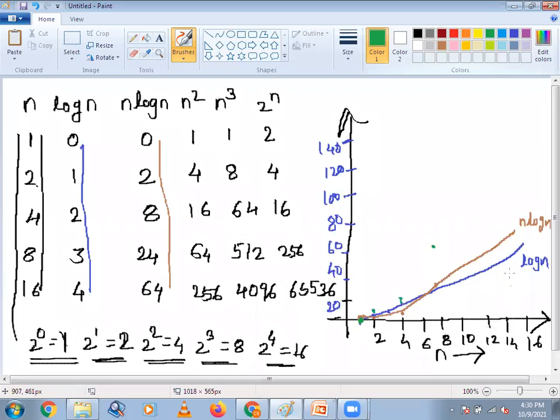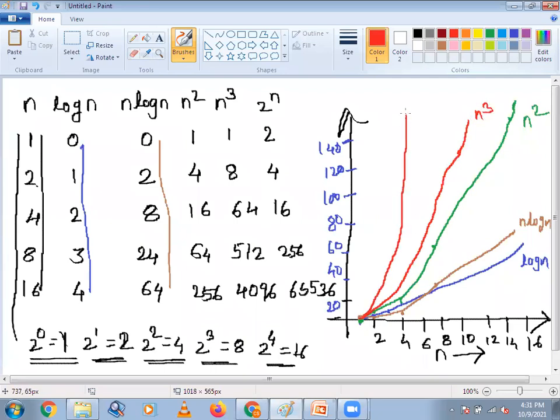Then for 16, 256. That is here n square. Then next graph for n cube. And then here 2 raised to n.